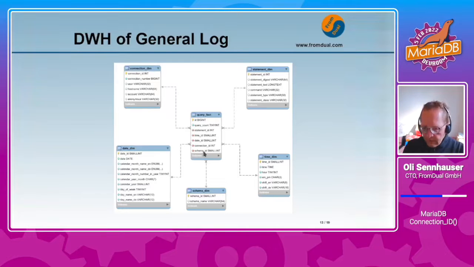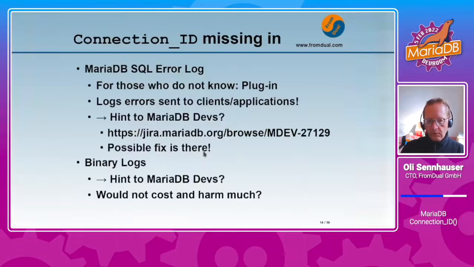So if we feed the general query log into this data warehouse structure, we can run a lot of queries and find out what query has interfered with what other query, and investigate what went wrong on your system.